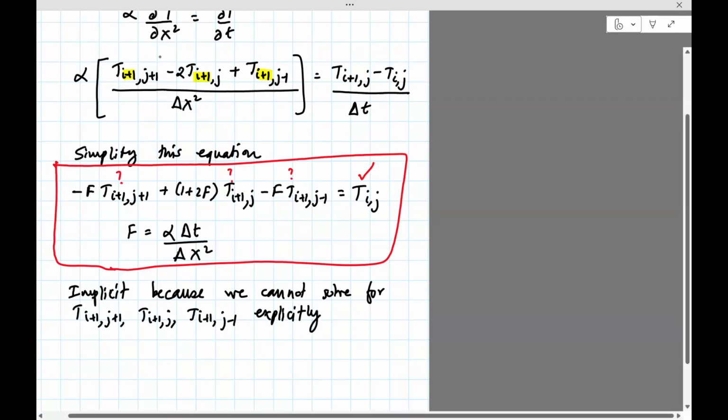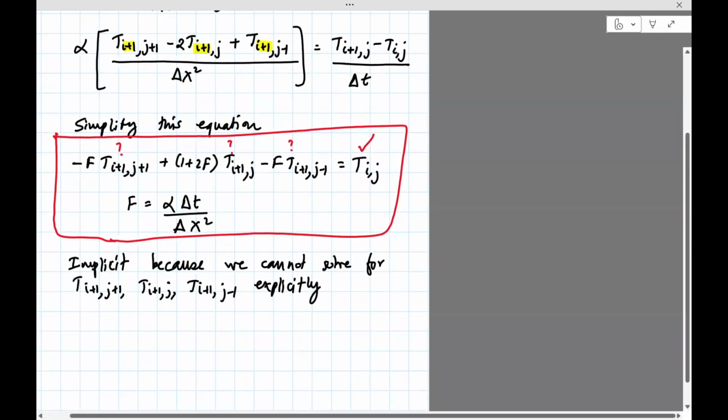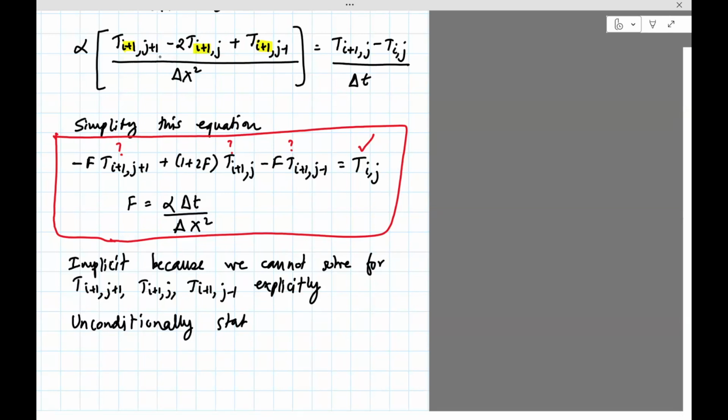There's no formula for it by itself, and we need to do something more than that. And then the thing about this method is that it is unconditionally stable. Typically stability is associated with solutions approaching infinity. That problem is not there here. It could be a problem for the other method.